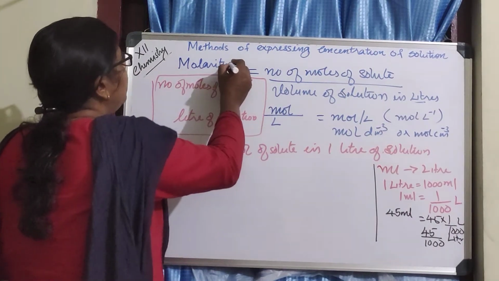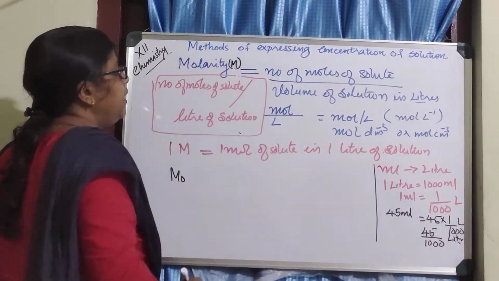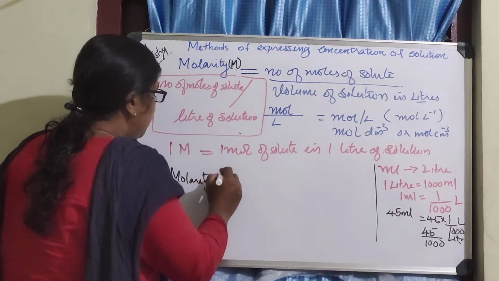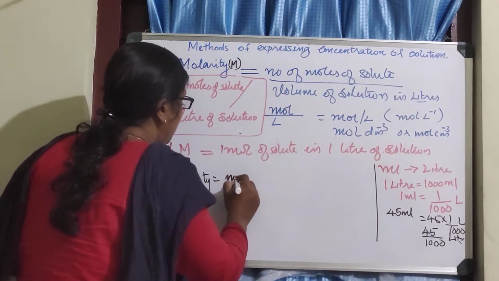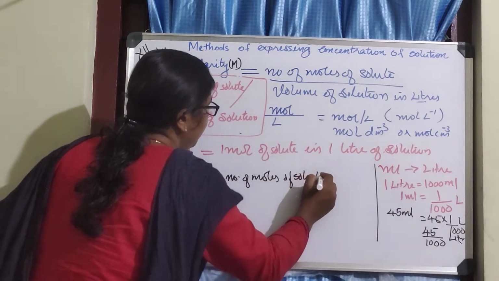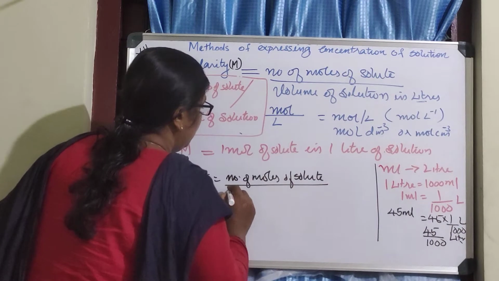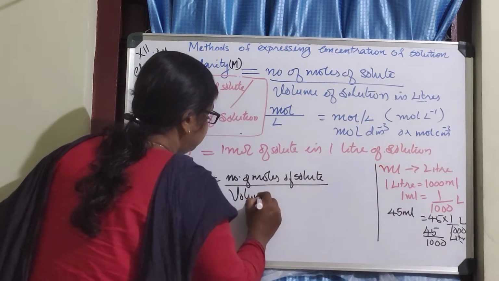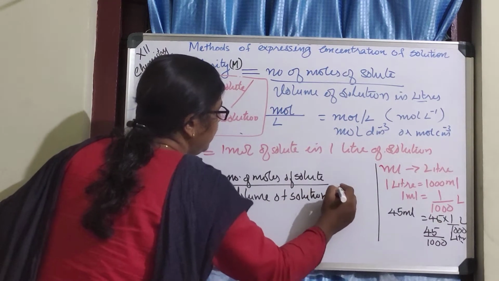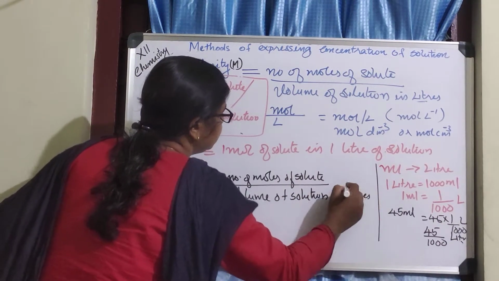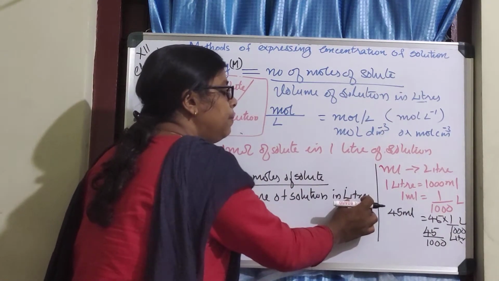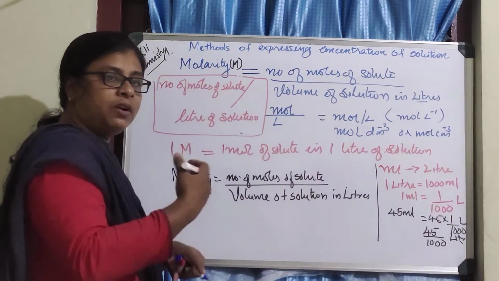One more thing: molarity is represented by capital letter M. Molarity is equal to number of moles of solute by volume of solution in liters. So if the volume is given in milliliter, we have to convert it.